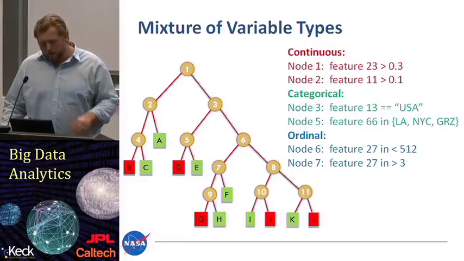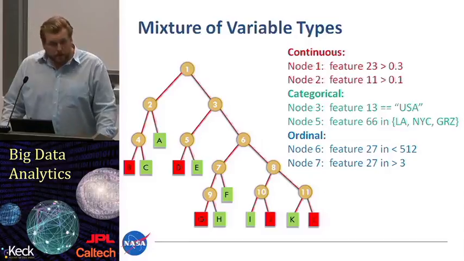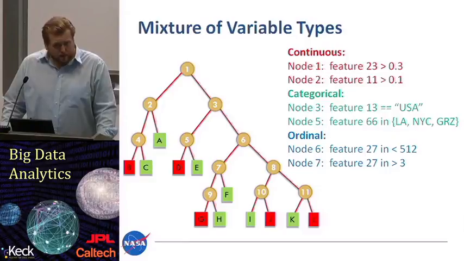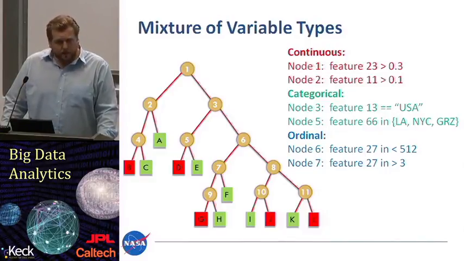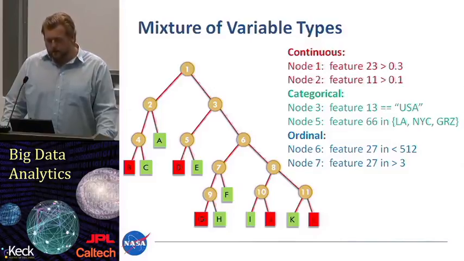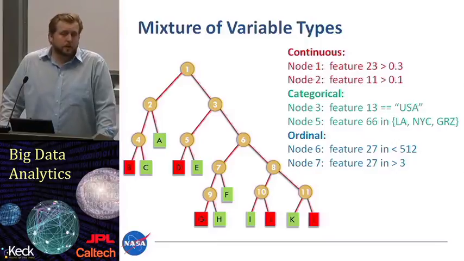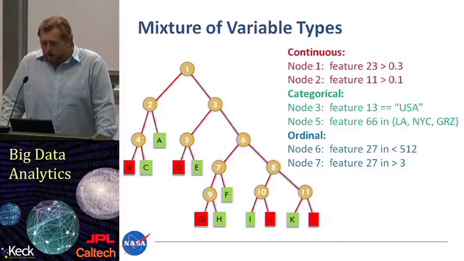For example, at the beginning at node 1 and 2 we have continuous features, where the feature is just checked against a threshold, which is learned during training. For categorical features in node 3 and 5 in this example, we would check, for example, if a feature is equal to a category. For example, here feature 13 is equal to USA, so feature 13 could be the country. Or, for example, if it's part of a set.